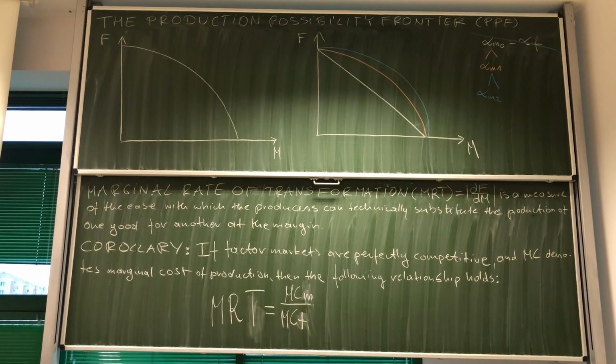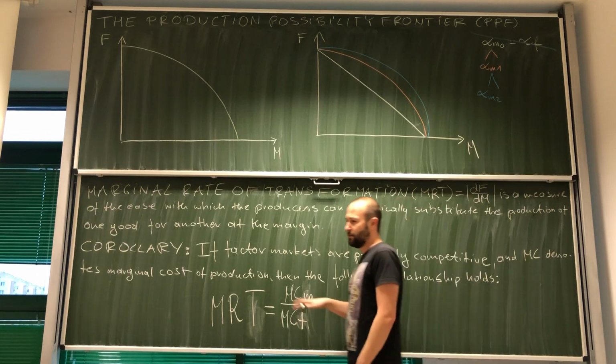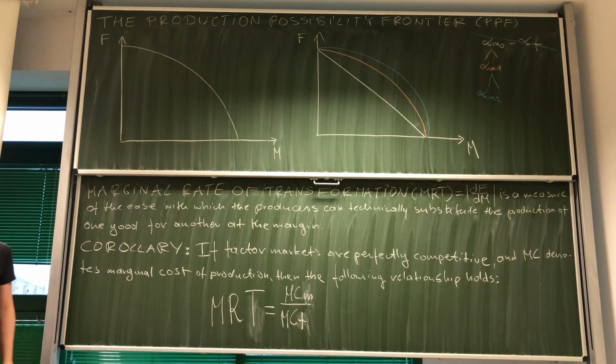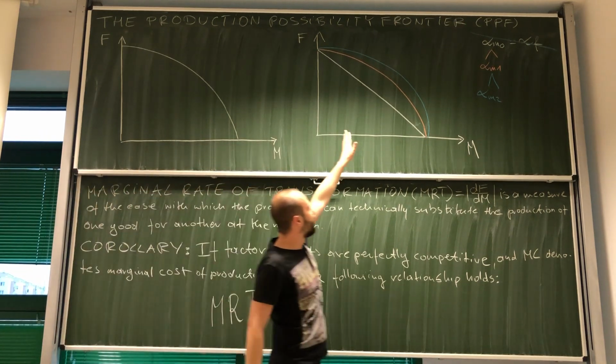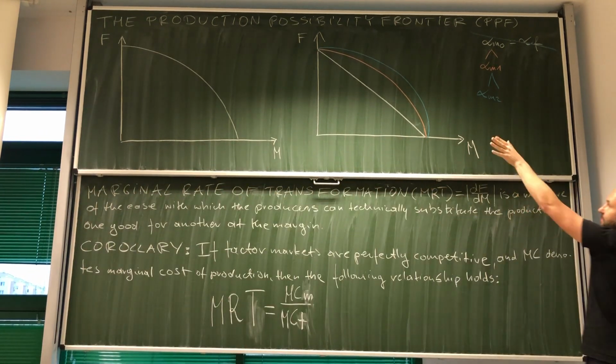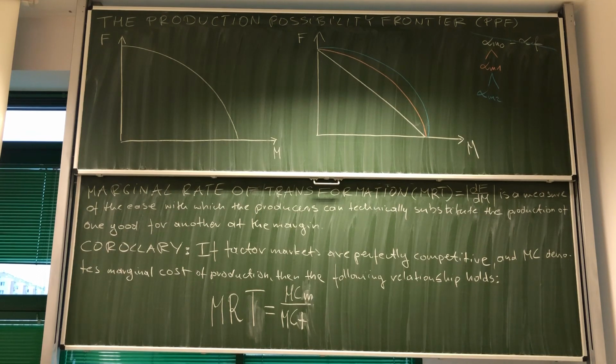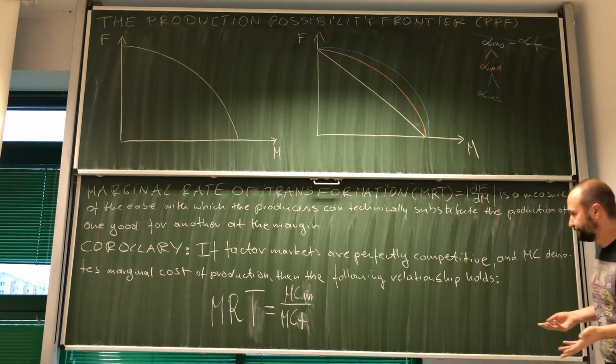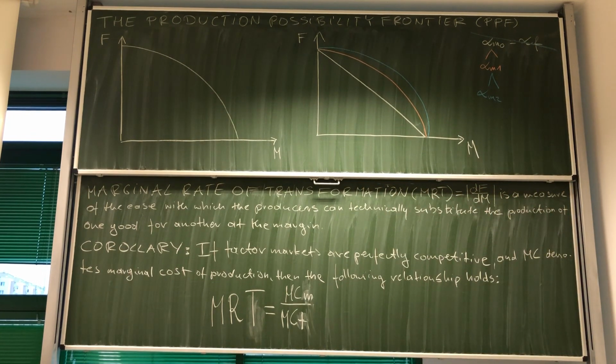Okay, now there's going to be one more important detail that we should consider over here. Now look, how are we going to choose which of the points at a production possibility frontier the producers should choose? Well, look, producers are maximizing profits, right?